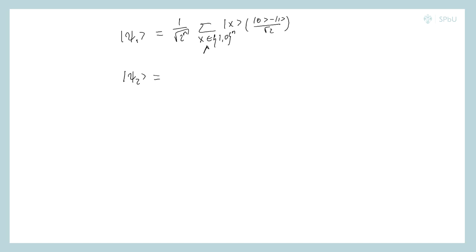Psi2 equals 1 divided by 2 to the power of n. Here we just rewrite the state psi1, so it's the sum over x of |x⟩ tensor (|0⟩ minus |1⟩) divided by square root of 2.